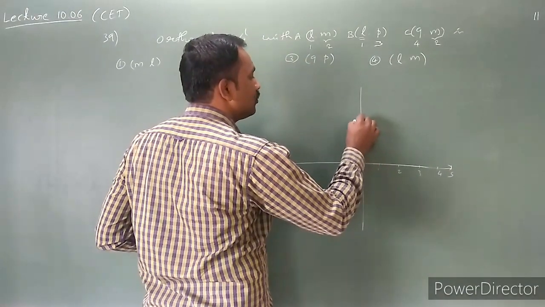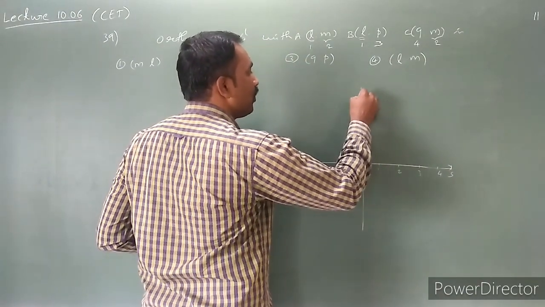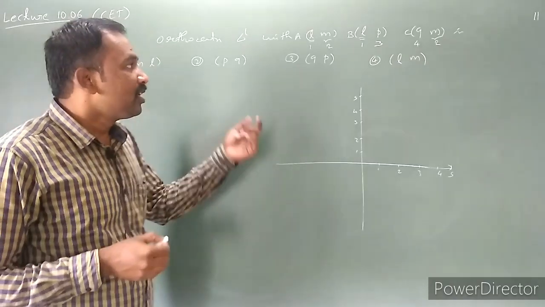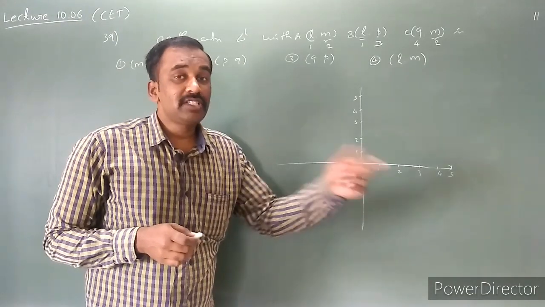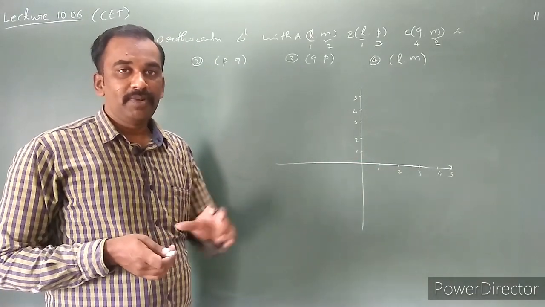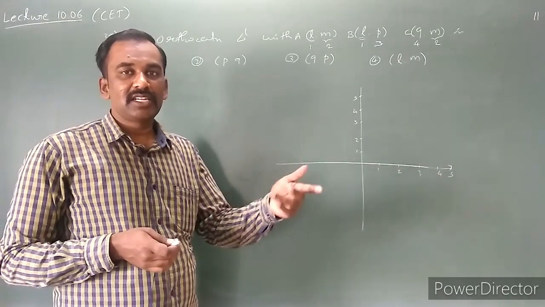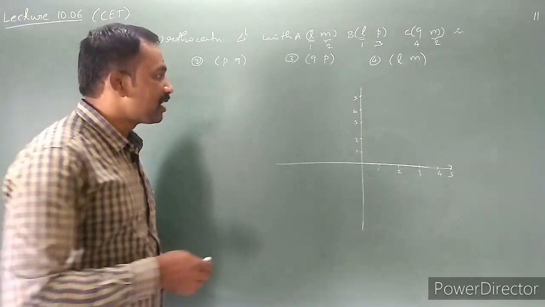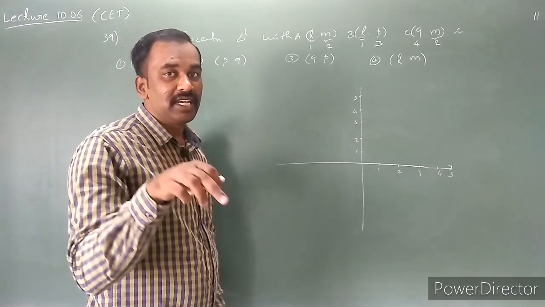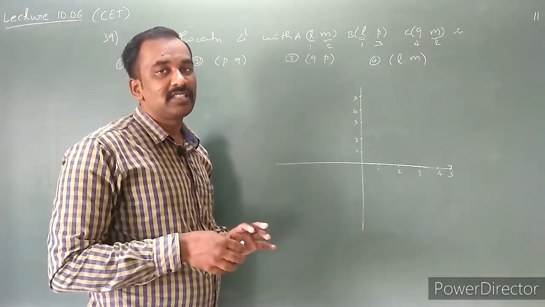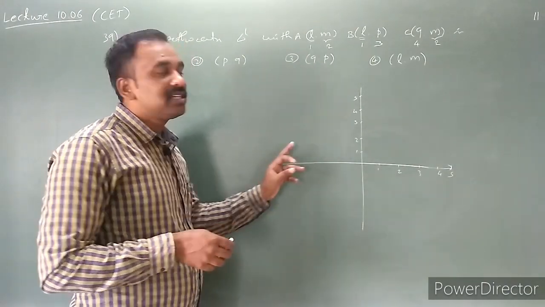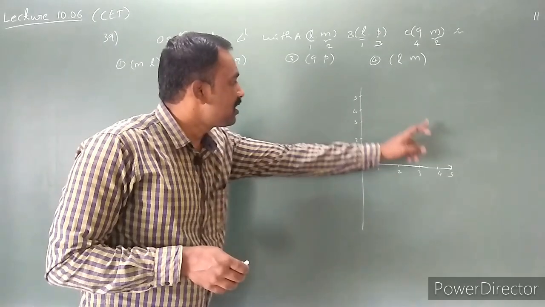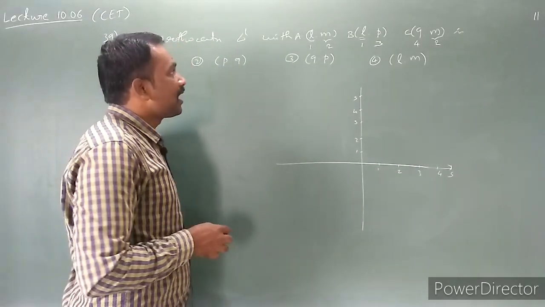Here it is 1, 2, 3, 4, 5. The reason I am drawing the diagram is so we come to know which angle is 90 degrees. If it is possible to recognize which angle is 90 degrees, we can easily get the answer. To recognize at which point the angle is 90 degrees is what is required.